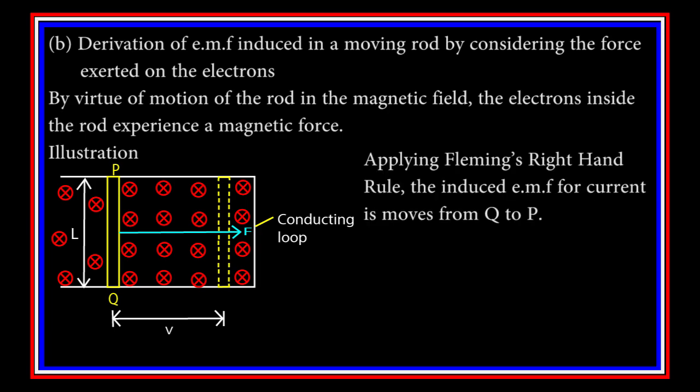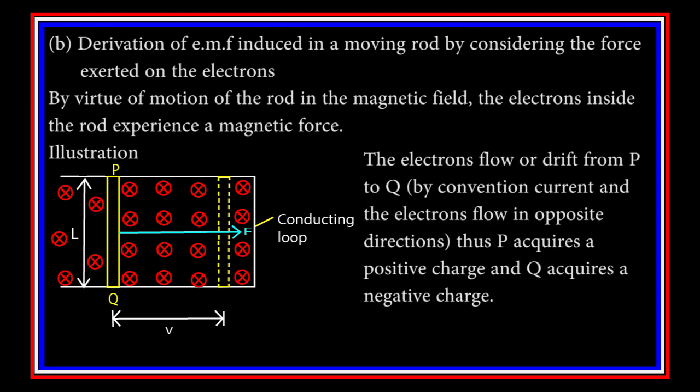Applying Fleming's right-hand rule, the induced current moves from Q to P. The electrons flow or drift from P to Q. By convention, current and the electrons flow in opposite directions.